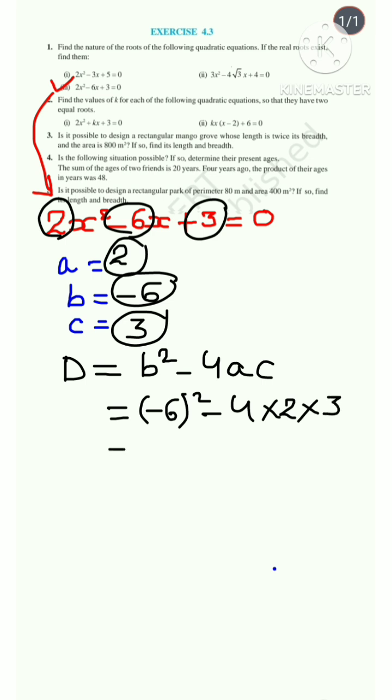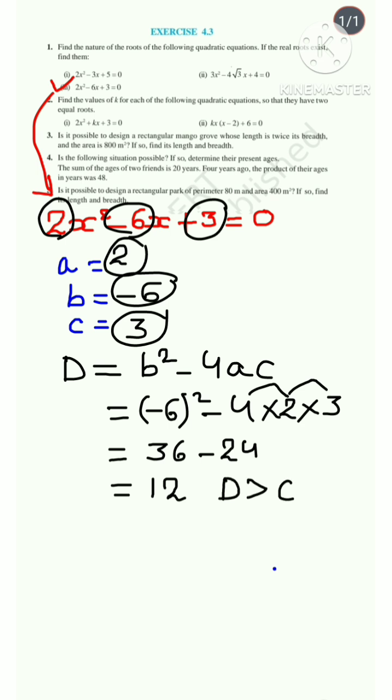Now square of -6 will be 36 minus 4 into 2 is 8, and 8 into 3 is 24. After subtracting, we obtain discriminant is 12, which is greater than 0, and as we know, in this condition there will be two distinct real roots, right?